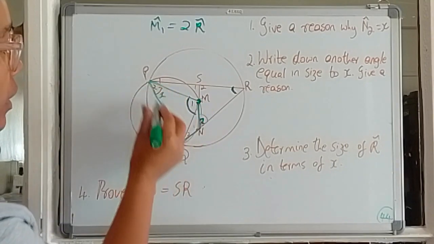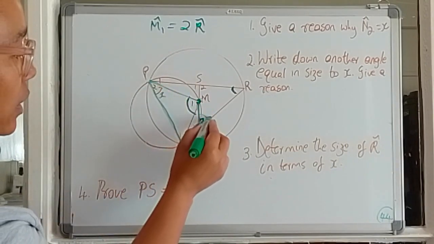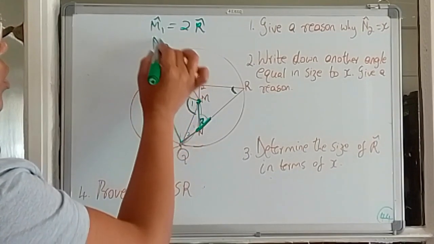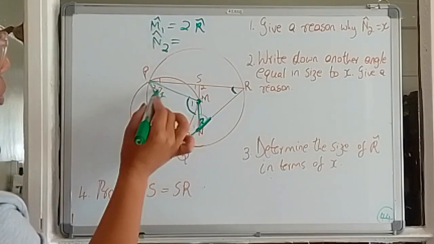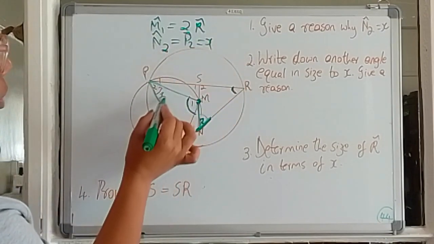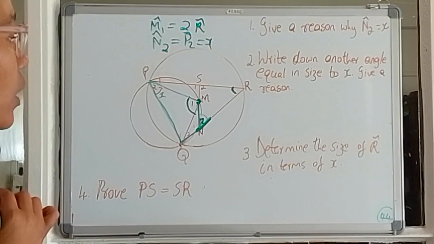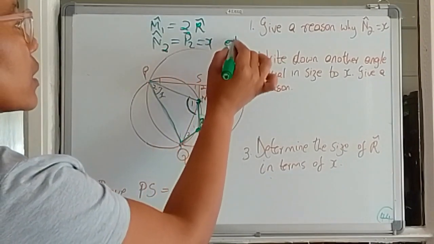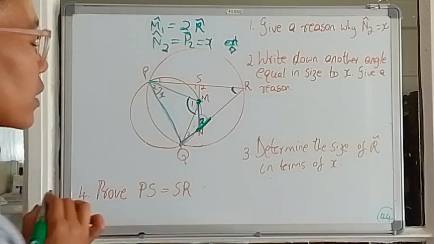So we do have an exterior angle there, N2. So N2 will be equal to P2, and this P2 is X, it's given to be X. That's an exterior angle of a cyclic quad.